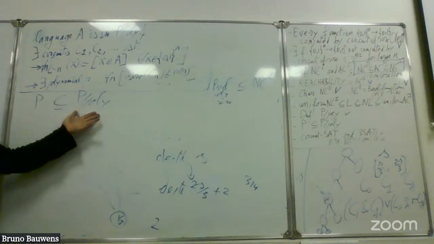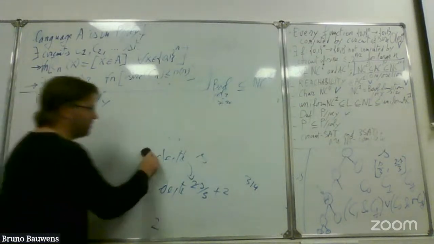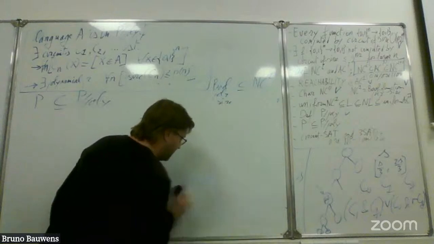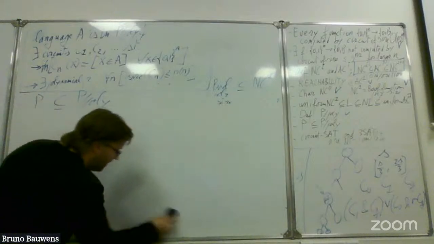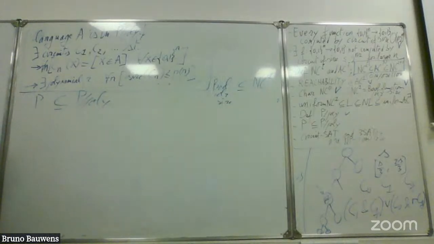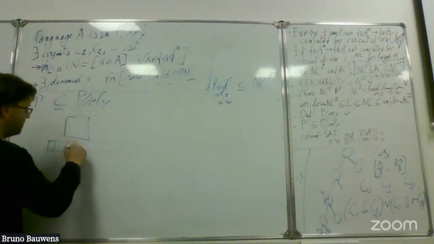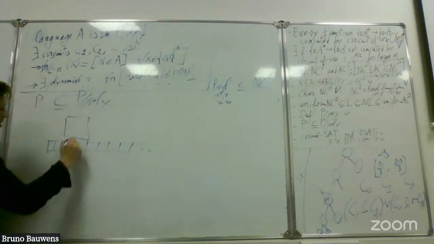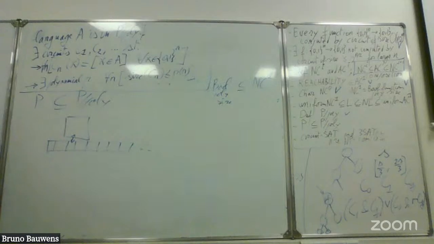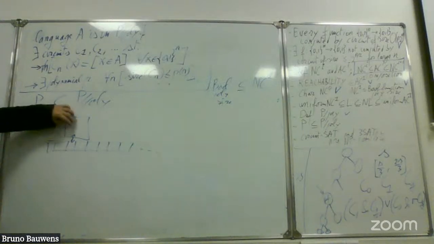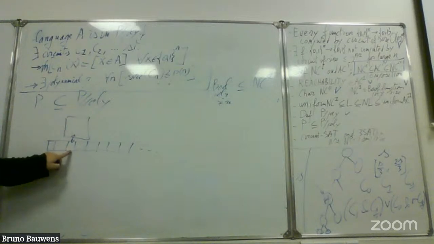But let's do it a bit more formally. We have a configuration of a Turing machine. We have the computation head, and the head is on one cell. Let's encode the configuration as a sequence, but let's encode the head together with the cell where it is located.